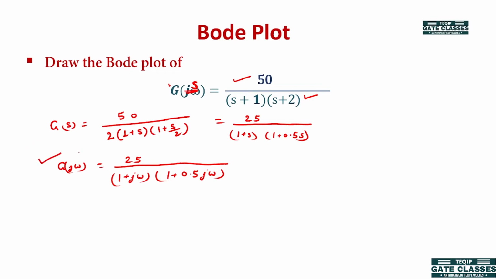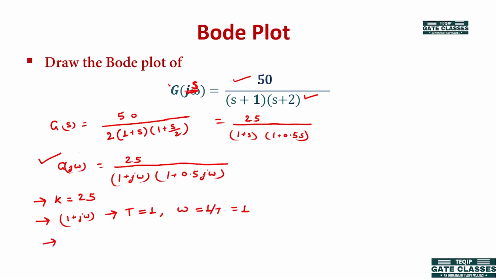Once we have converted it into time constant form, we identify the factors it has. We have K equal to 25. Second, we have a first order pole with time constant T equal to 1, or omega equal to 1 by T, which is equal to 1.